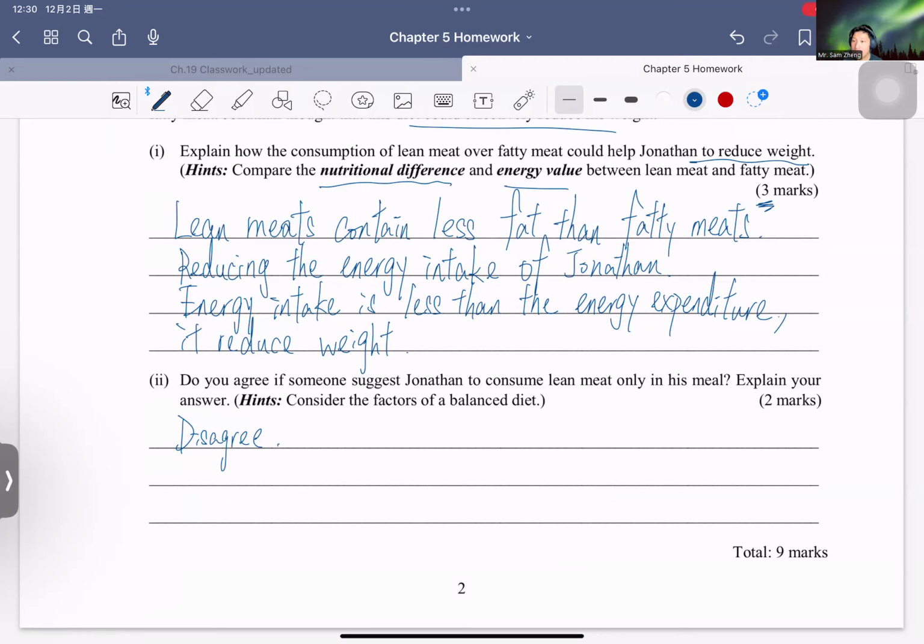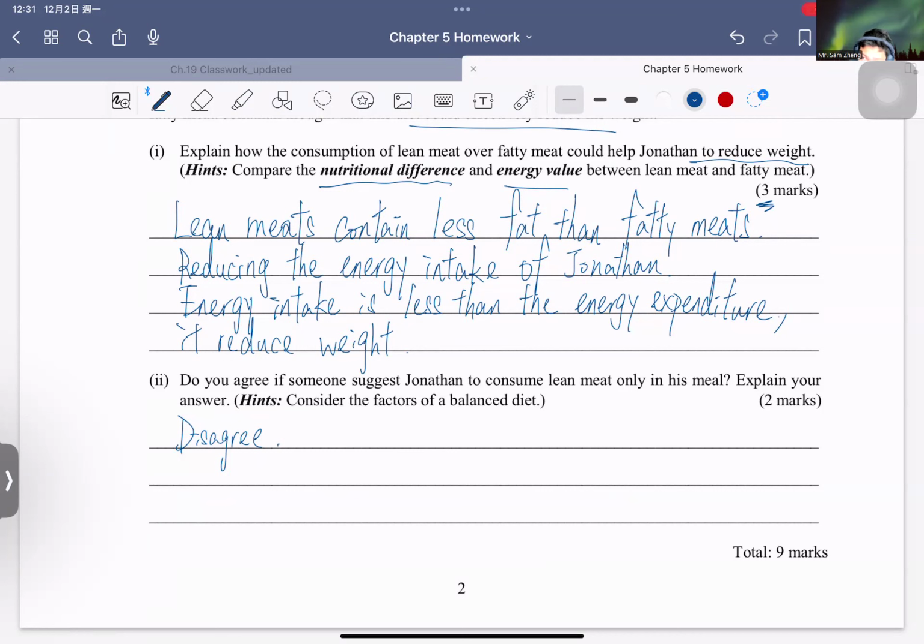Why? Because this food contains dietary fiber and different types of vitamins and minerals. If we lack these things, it will cause deficiency disease. So therefore, we should not only consume the lean meat.